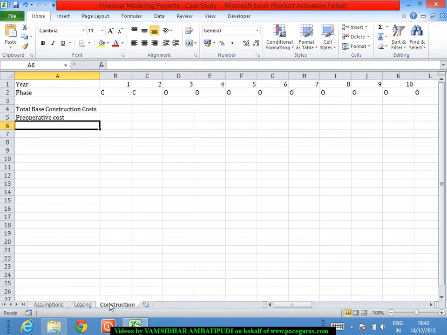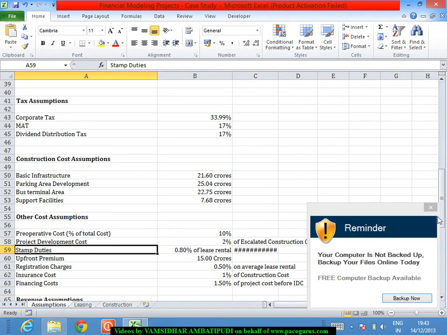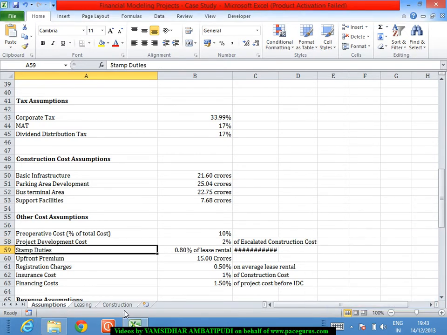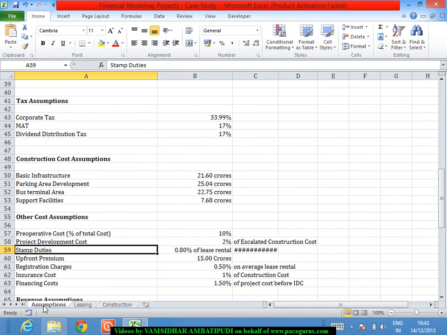Then we are talking about project development cost. Even that is incurred as a cost in the first 2 years of the project. So we are only listing out what all costs could be possible, right? We are even talking about the stamp duties. These are some of the costs that are applicable during the construction phase. Okay, we are getting into stamp duties. We have some upfront premium.